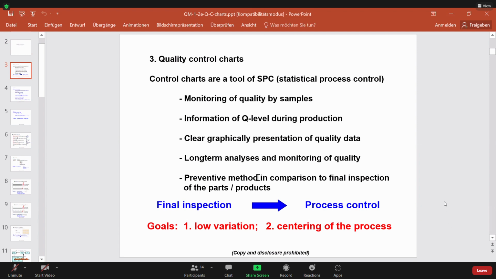So the development is going from the final inspection, which was in former times, to the process control, and this is what they do today in most of the companies. The goals are a low variation. This is one goal. Low variation means production precision.